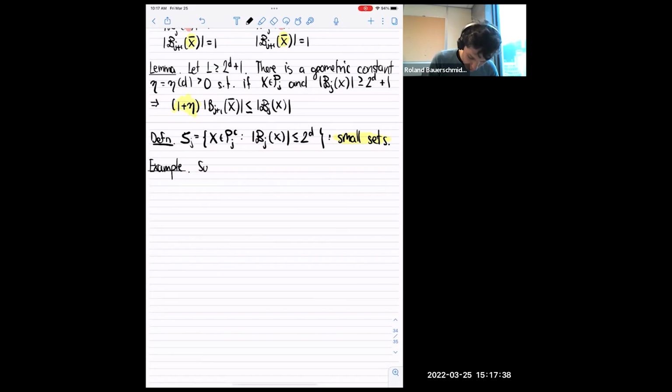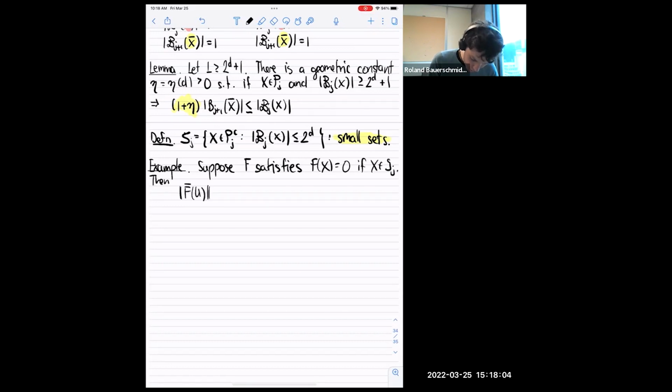So suppose we're looking at a polymer activity that is only supported on large sets. So f of x is 0 if x is a small set. And let's try to estimate the norm of f bar.